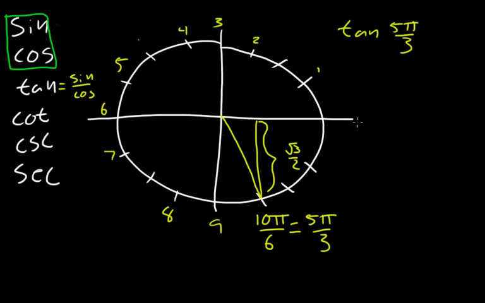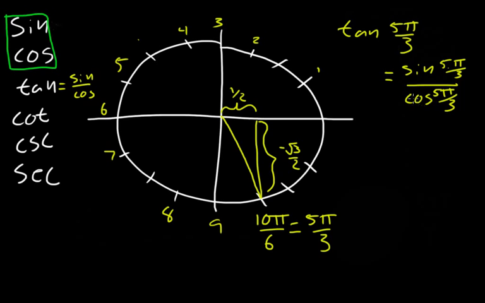Any quadrant that's beneath the x-axis, the y value is going to be negative. And this is on the right side, the positive side of the x-axis, so this is going to be positive 1/2. So tangent of 5 pi over 3 is equal to sine of 5 pi over 3 divided by the cosine of 5 pi over 3.